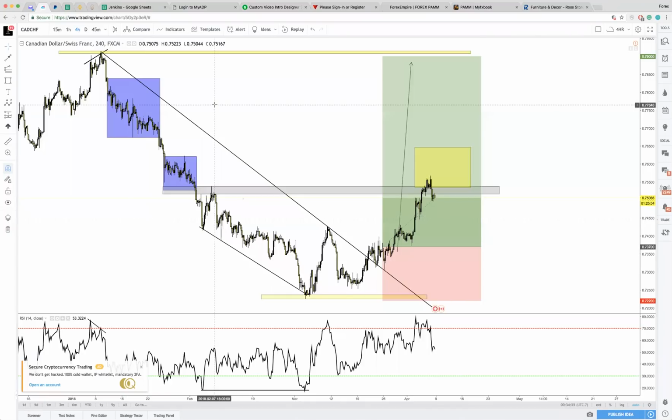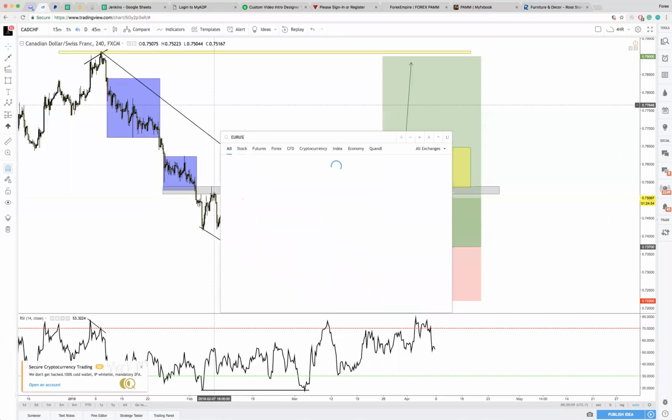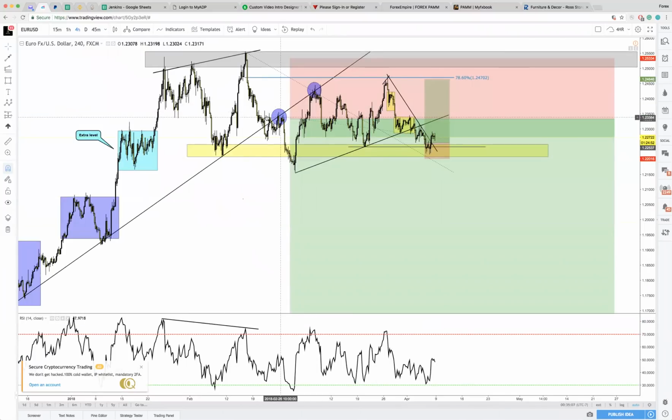All right, Euro. No, this is CAD CHF. I think it was Euro USD. No, that was not it. Euro USD on a buy. All right, we're on a sell and a buy also.